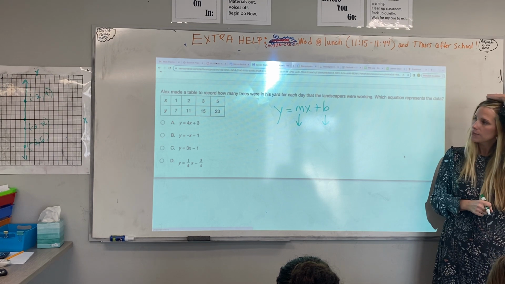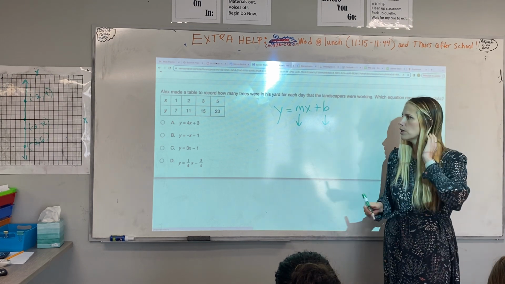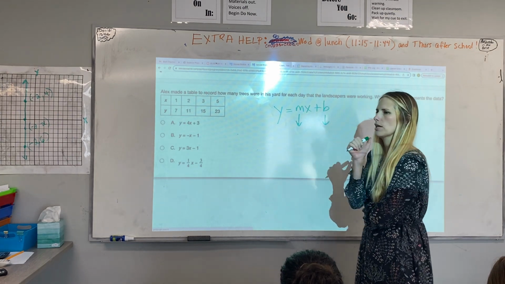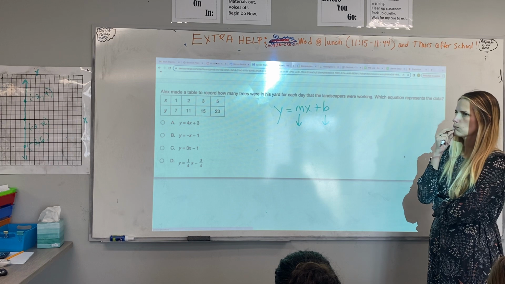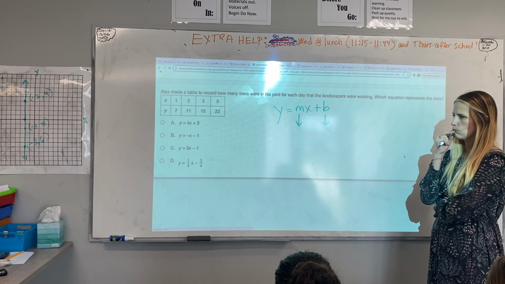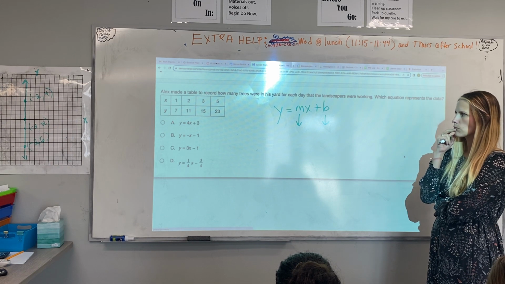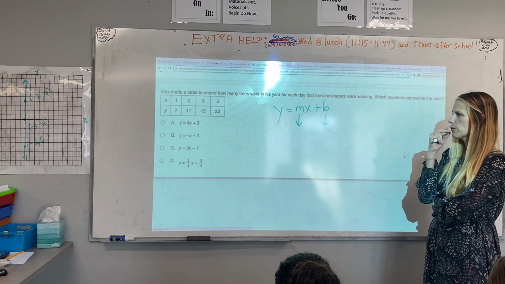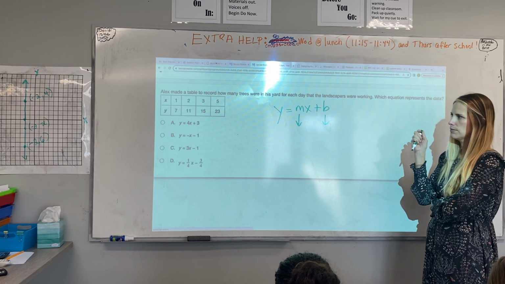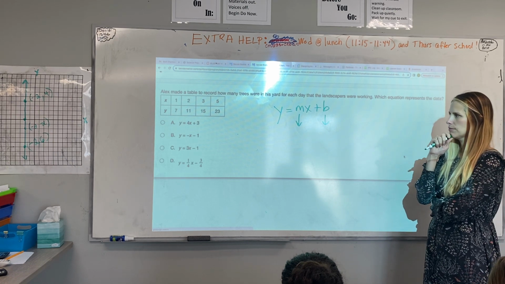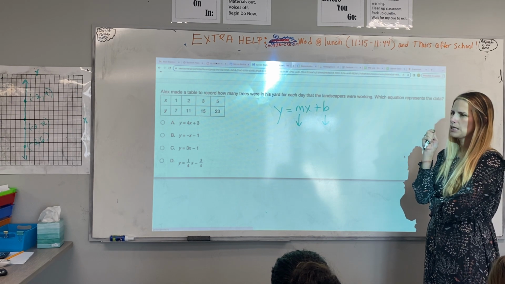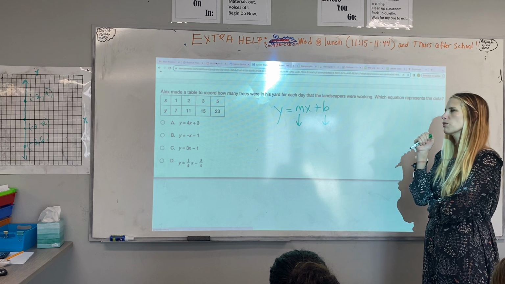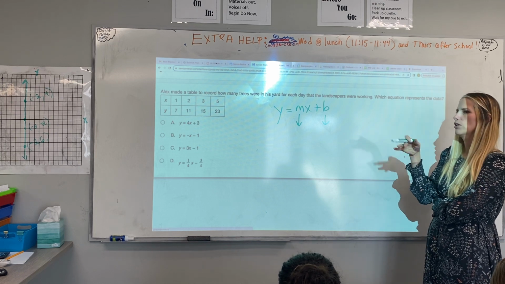Now Jacob, tell me how we could get our slope using those numbers there. How do we get our slope using the table? What does slope mean? You can give me the slope formula, or you can give me what it means.